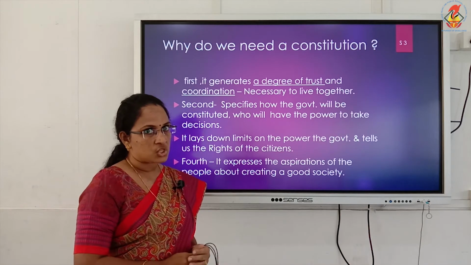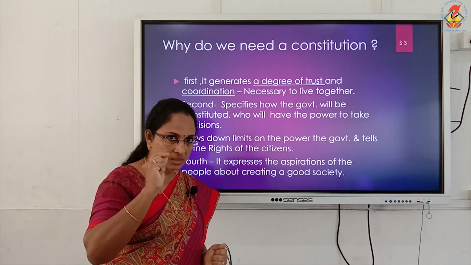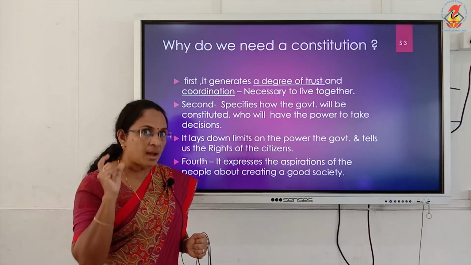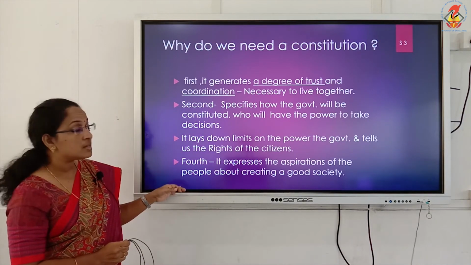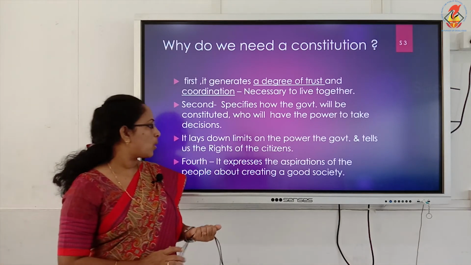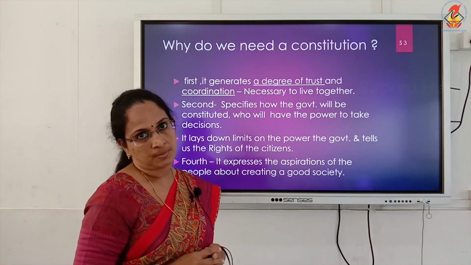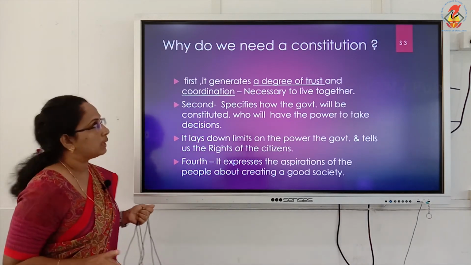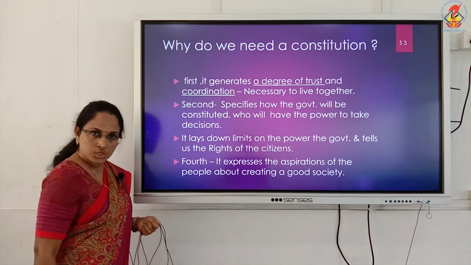Levels of government, children: we have central government, state government and local government, and how powers are divided, and the limits. Then the last one, it expresses the aspirations of the people about creating a good society. Our hopes and ambitions are also included. So that is why we need a constitution.